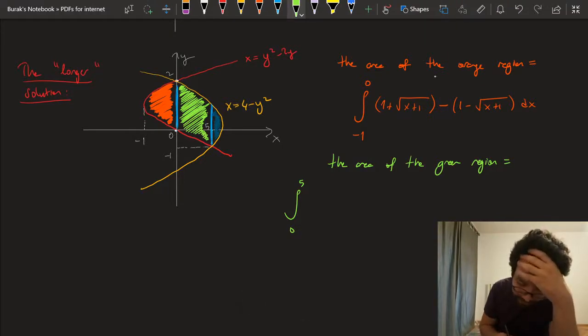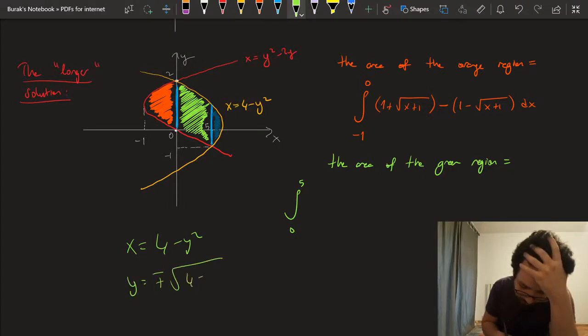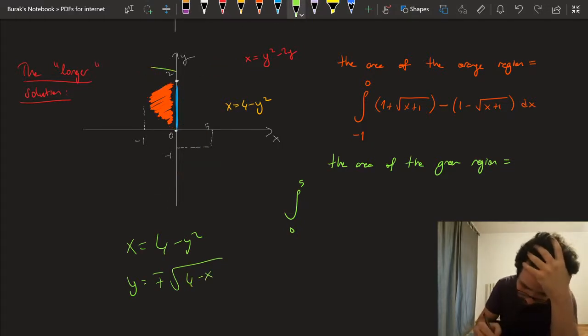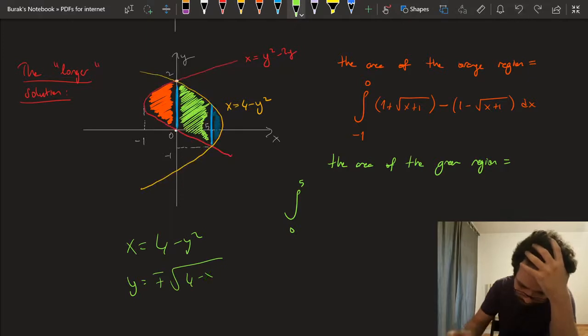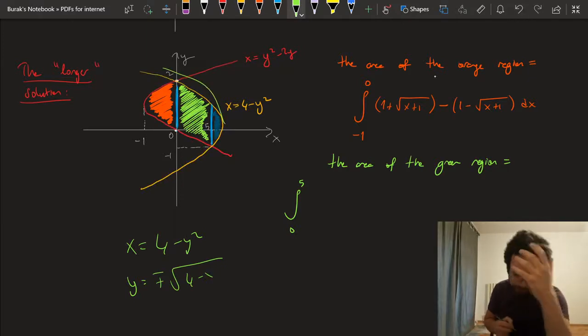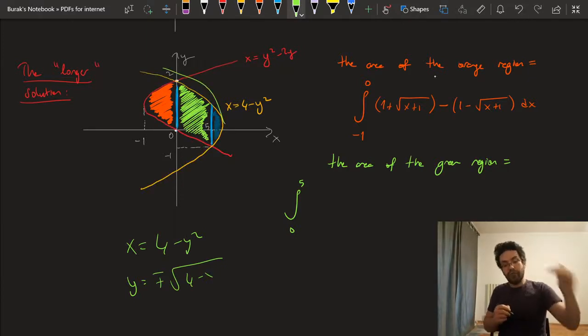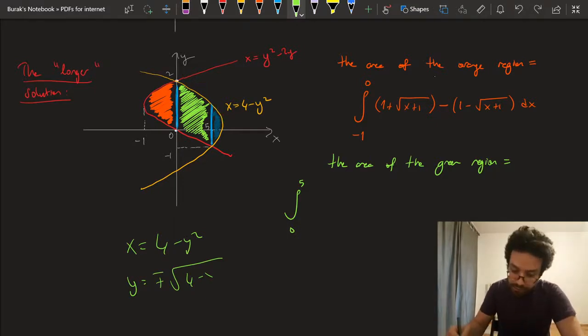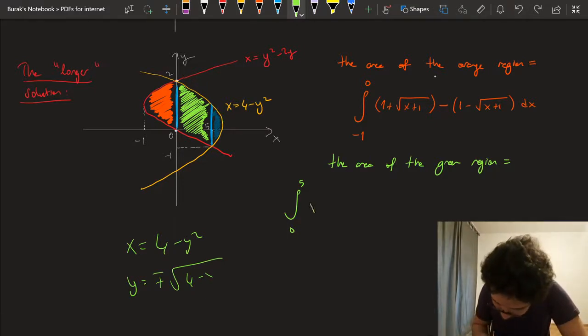It's going to be x equals 4 minus y squared, so y is plus or minus square root 4 minus x, and this part will be y equals square root 4 minus x. So here my top function is square root 4 minus x.